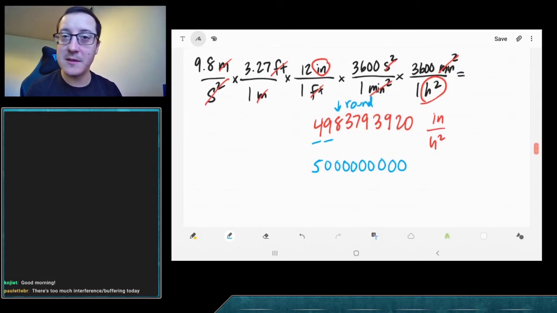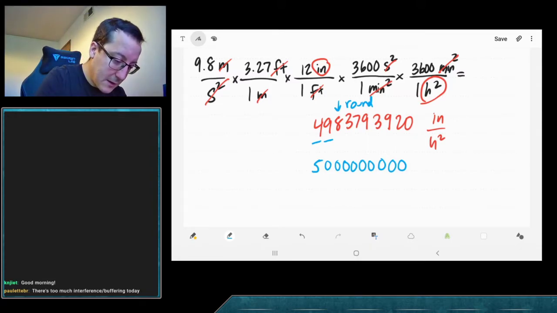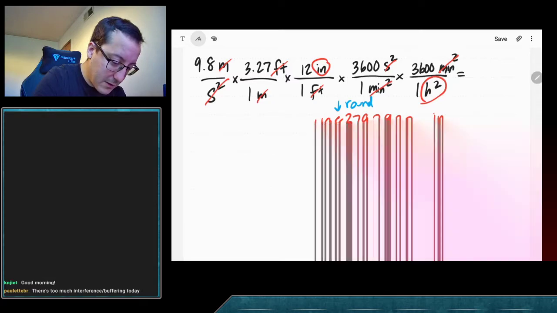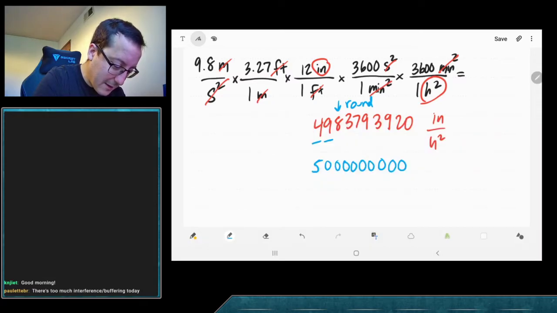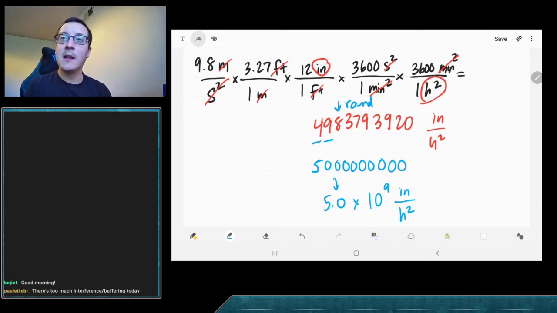So let's throw this in scientific notation so that we can make sure that it has 2 sig figs. So 1, 2, 3, 4, 5, 6, 7, 8, 9. So this number would be 5.0 times 10 to the 9 inches per hour squared. And that would be our final number here.